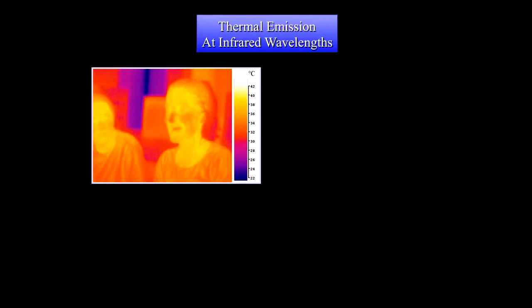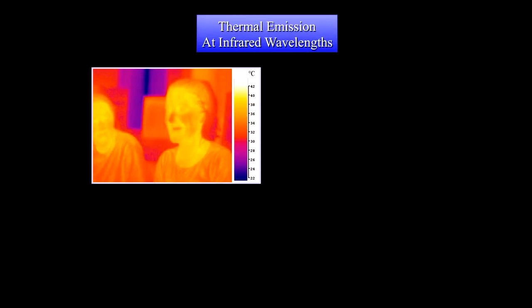Hot regions of her body emit more thermal light. In the case of a human body, at the temperatures of our bodies, we are emitting infrared light. That's why you don't see me glowing or anybody else glowing. We are glowing. It's just that your human eye, unfortunately, is not sensitive to infrared light.